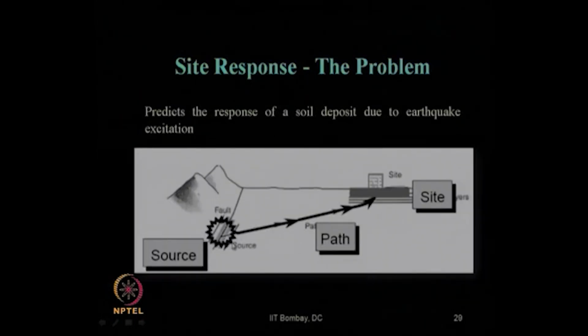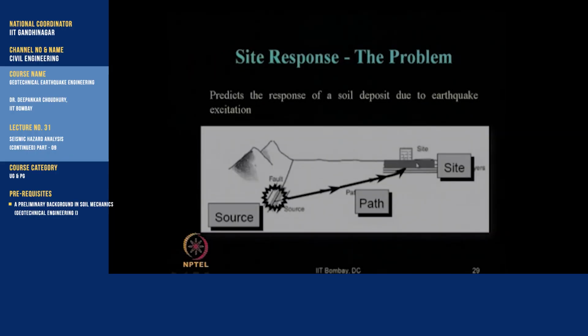You can see the same thing again in this picture. This is the source, it travels through the path and finally comes closer to the superficial layers. When the seismic waves pass through the superficial layer, they will have some typical characteristics, as we have discussed already in wave propagation theory: body waves, and then close to the ground surface they form surface waves.